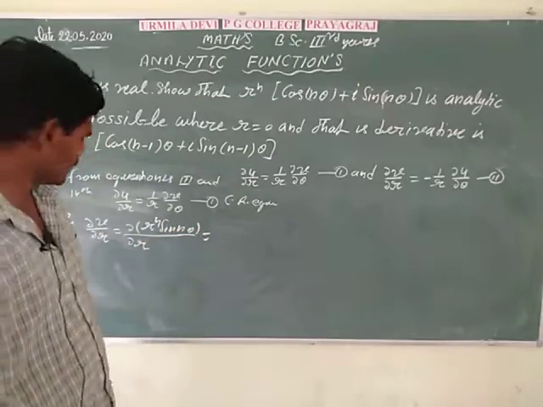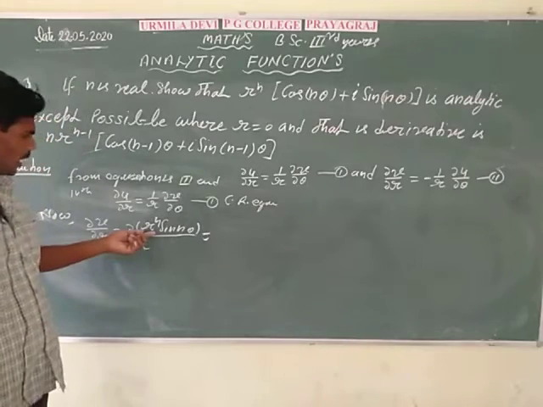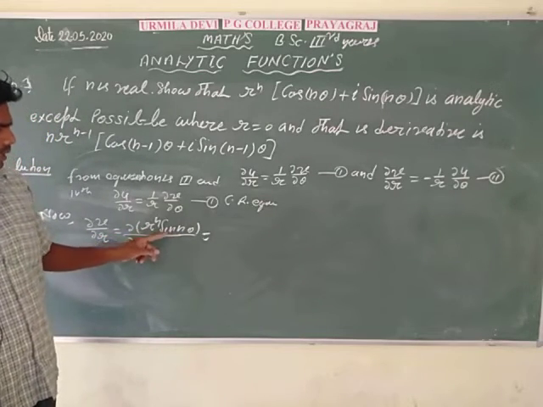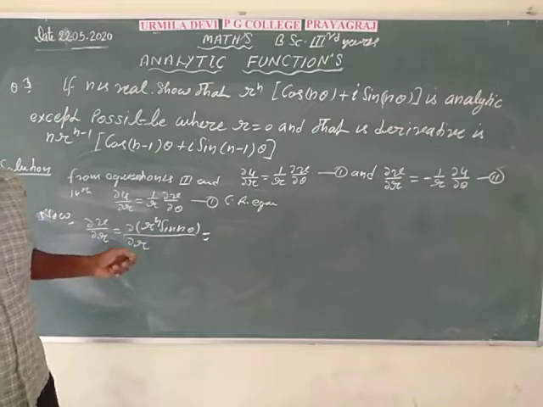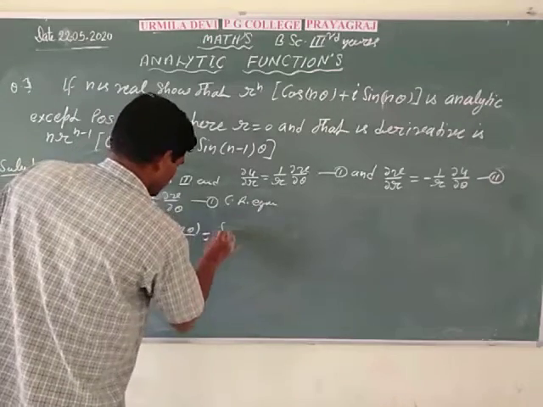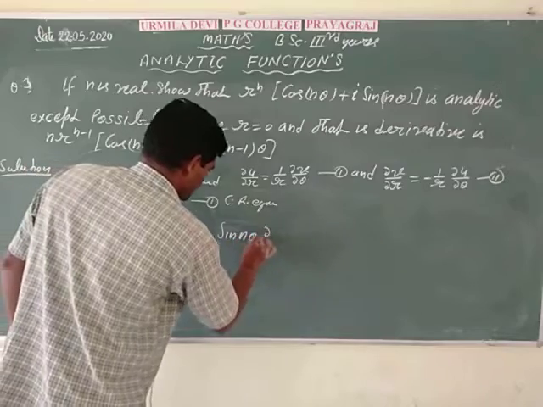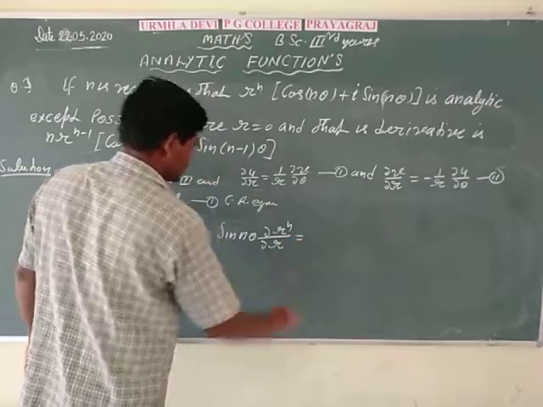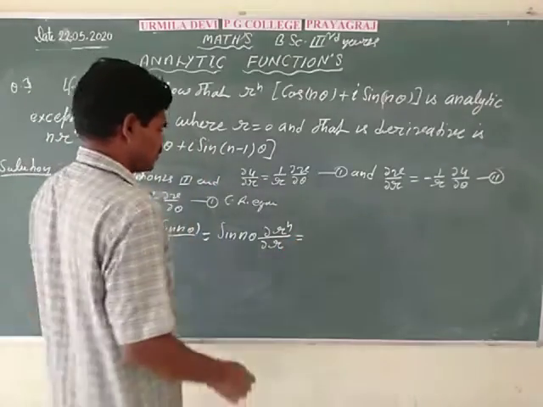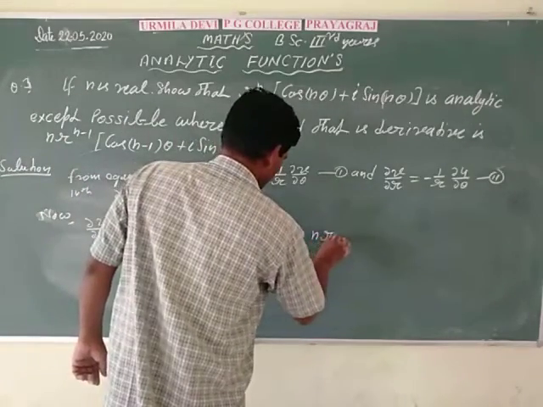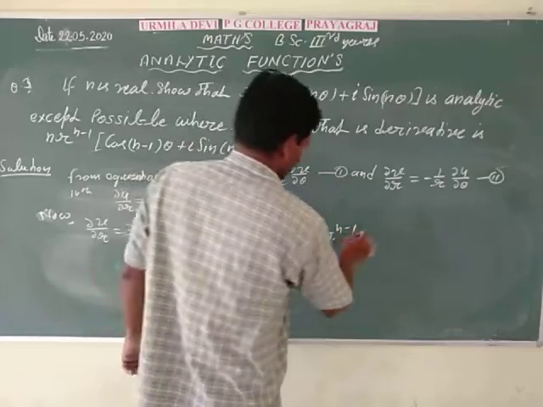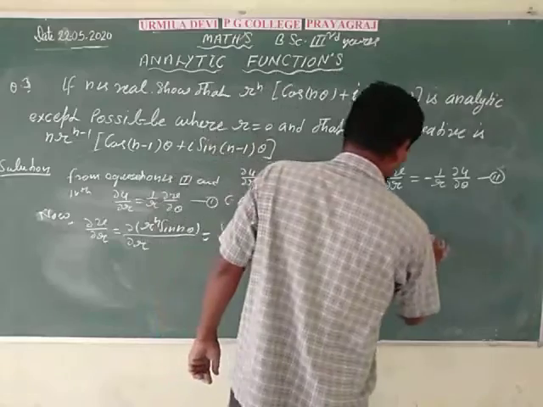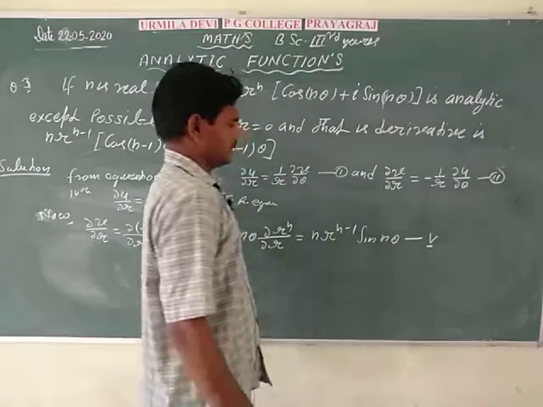Taking the partial differentiation of r to the power n sin n theta with respect to r, therefore sin n theta is a constant and stays outside. Taking the partial differentiation of only r to the power n with respect to r, which is equal to n times r to the power n minus 1 sin n theta, is taken as equation fifth.